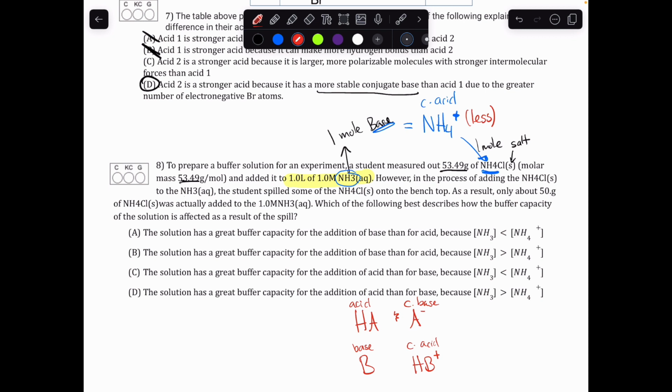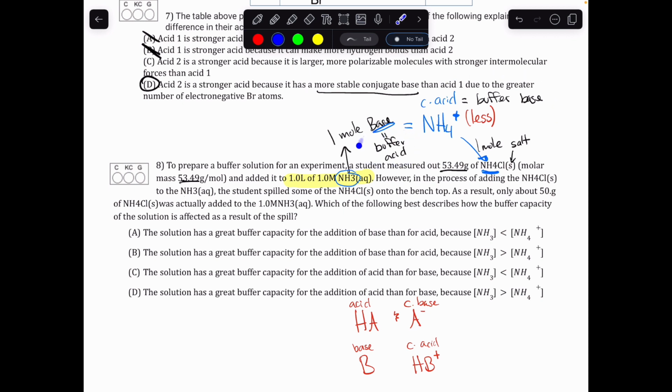And so in terms of buffering, buffers buffer by opposites. The conjugate acid is designed to buffer the base, and the base is designed to buffer any acid. So since we have less of this one, that means it's not going to be as good at buffering base.